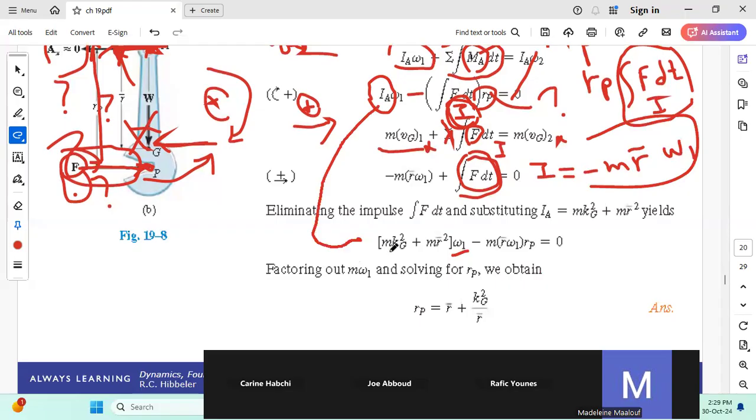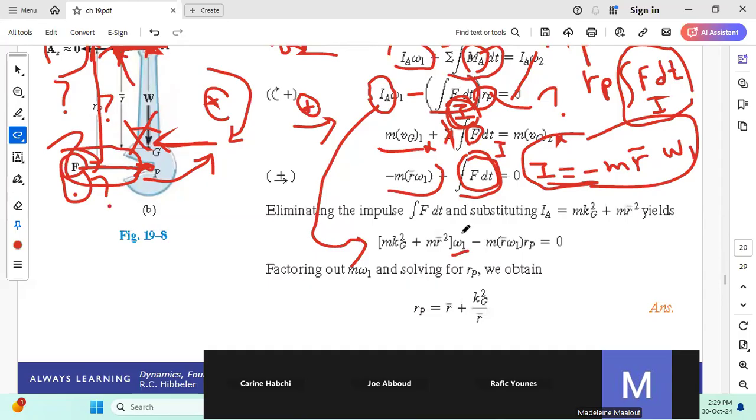So it's m kG square plus m times the distance from A to G, which is r bar, square, so plus m r bar square, times omega 1. Now for this term, you replace the integral of F dt, which is I, by its expression that you got from the linear momentum. So you will have minus m r bar omega 1 times rp equals 0.